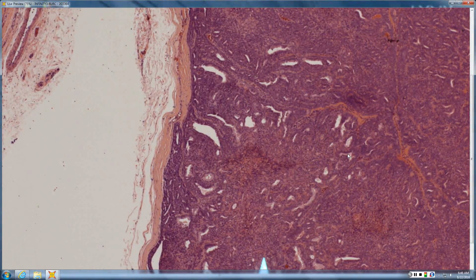Now, with the digital papillary carcinoma, there's usually more cystic spaces. It's usually more of a dense, solid tumor, and then the cystic spaces.